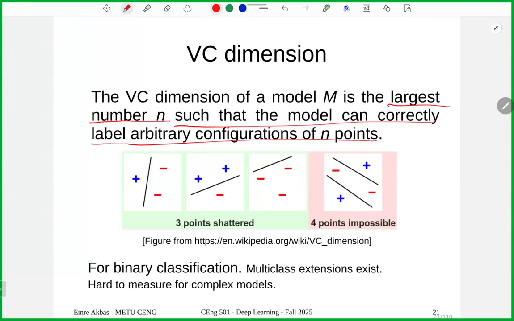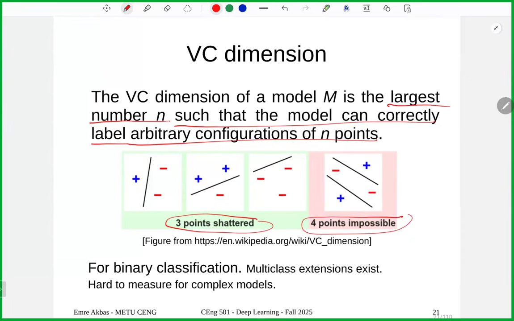configurations of n points. If you look at 3 points on a plane, we can see that a line can correctly label arbitrary configurations. This is called shattering. So 3 points can be shattered by a line, but with 4 points, some of the combinations are impossible.